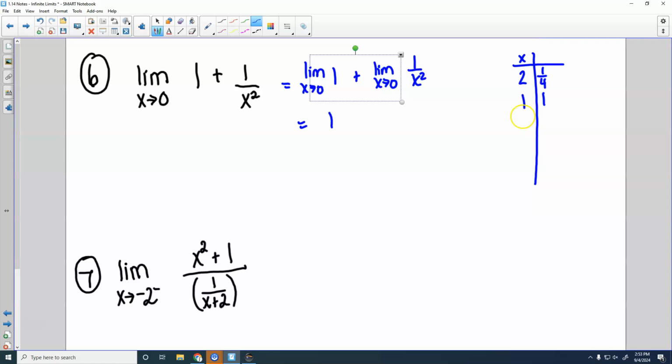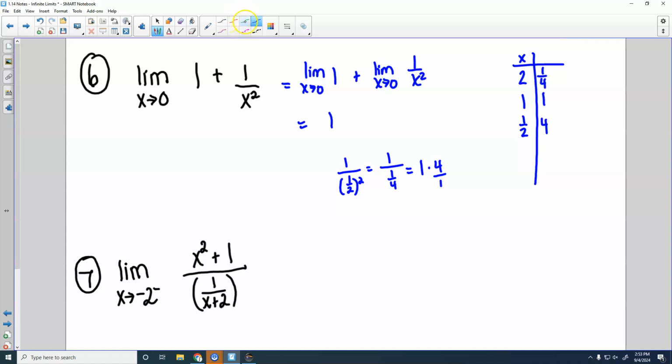If I do something like 1/2, let's do some scratch work on that. 1 over 1/2 squared would be 1 over 1/4. Dividing fractions is easy as pie. Flip the second and multiply, I'd get 4 right here. What appears to be happening? Looks like it's probably positive infinity.